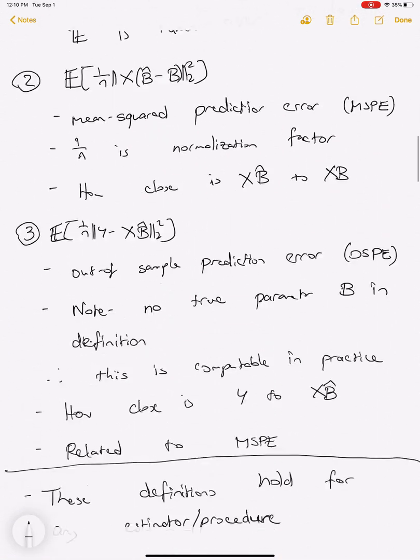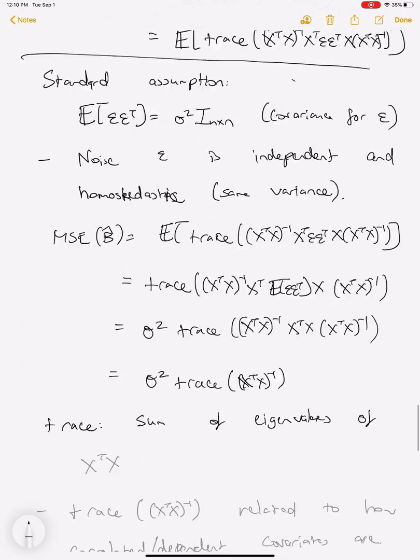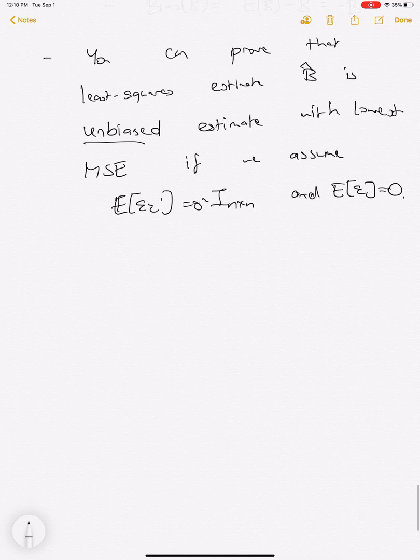If you assume that you have this homoscedastic noise that I spoke about, then amongst all unbiased estimates, the least squares estimator has the lowest mean squared error. So it's often referred to as BLUE. Often it's said that LS is BLUE, and what that means is it's just the best linear unbiased estimate.